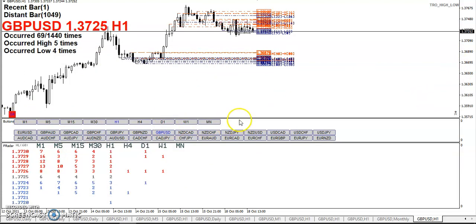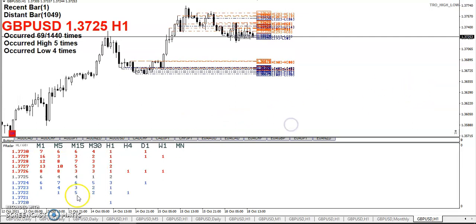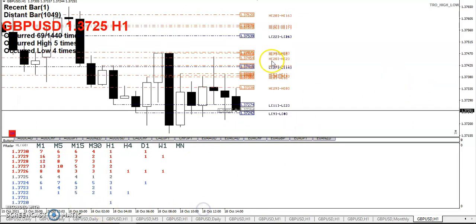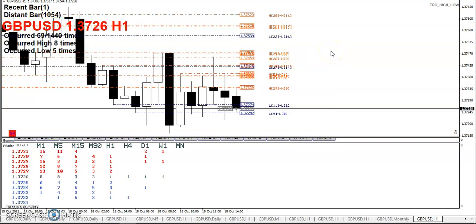So you can see here where the lows hit the same level, the highs hit the same level. And at this point, I don't see a low becoming a high or a high becoming a low on this particular time frame.